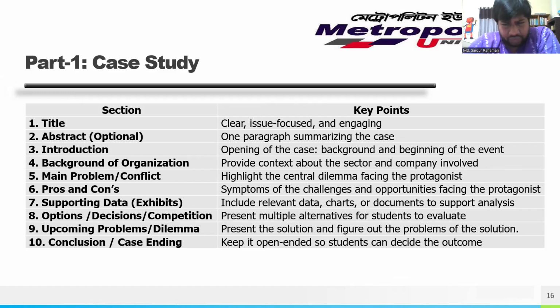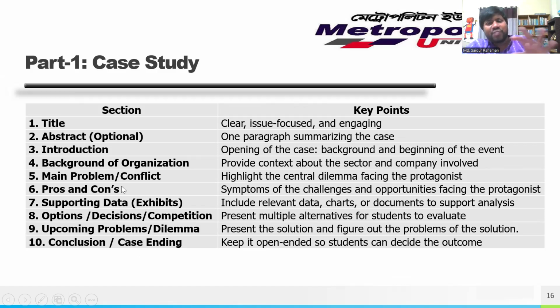So the key points are written here. For this section, what are the key issues we need to consider? You can find the case study consists of title, abstract, introduction, background, organization, main problem, pros and cons, supporting data, options, decisions, competition, upcoming problems, dilemmas, conclusions, or close case ending.